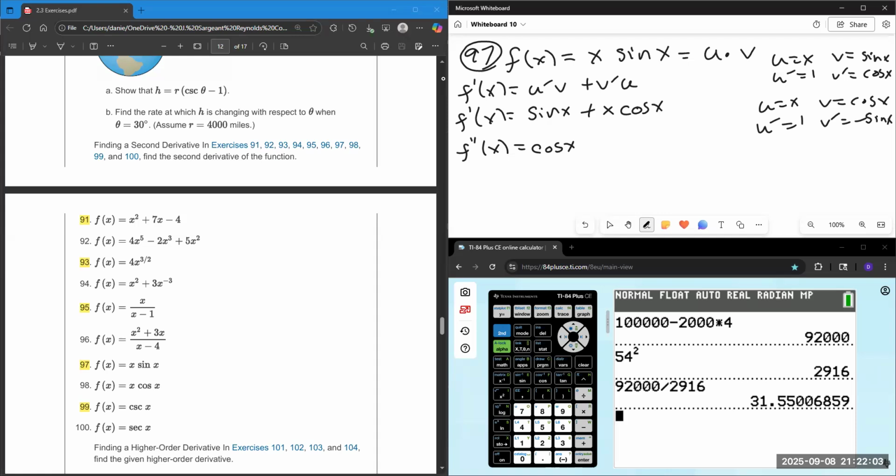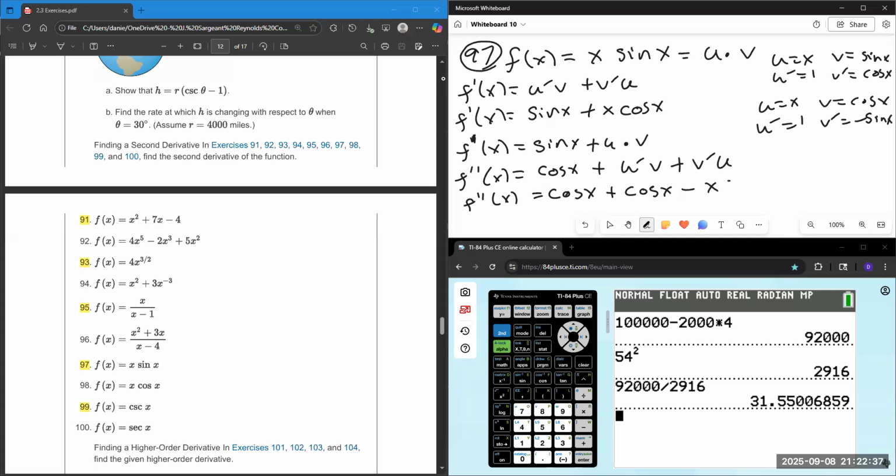So f double prime is cosine plus u prime v plus v prime u. f double prime is cosine plus cosine minus x sine.